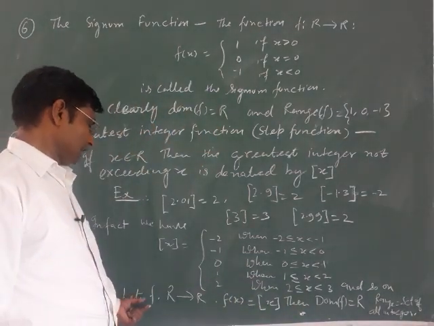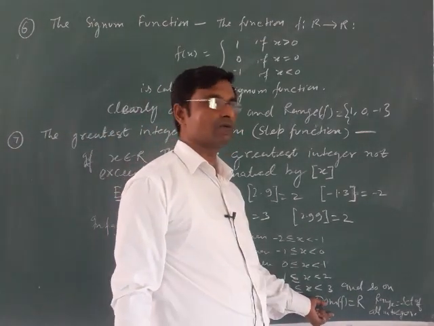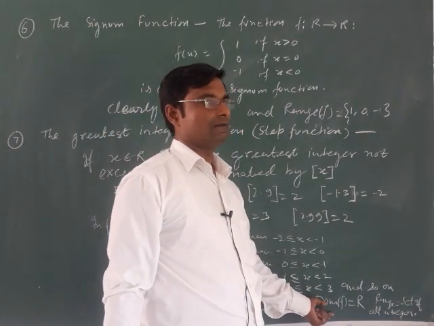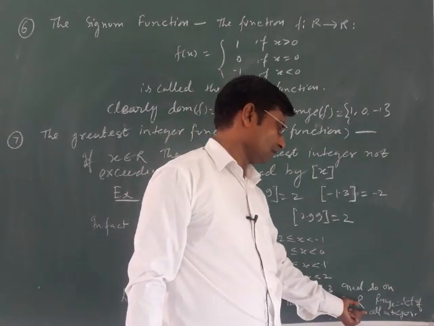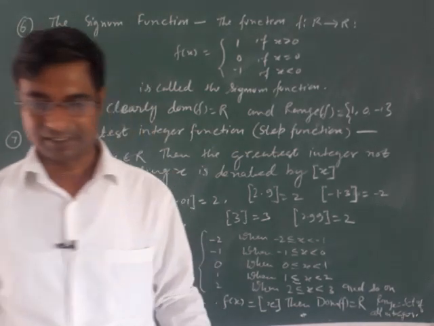So f from R to R, f(x) = [x] is the greatest integer function. The domain of the given function is the set of real numbers, and the range is the set of all integers.